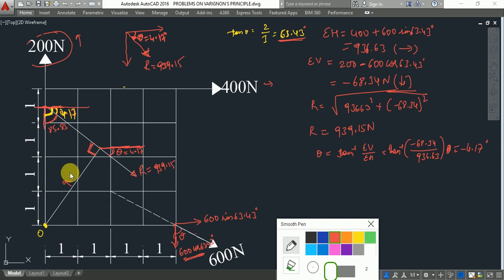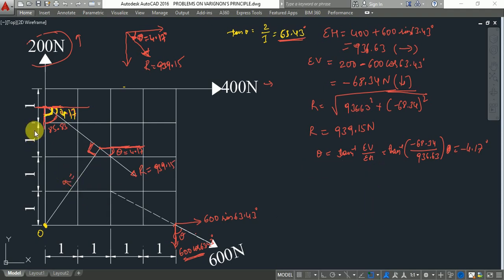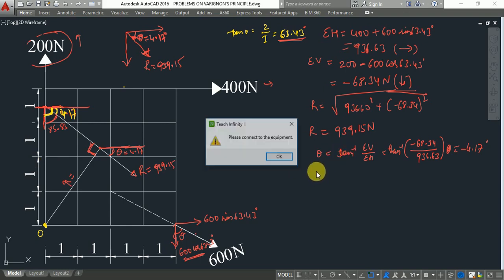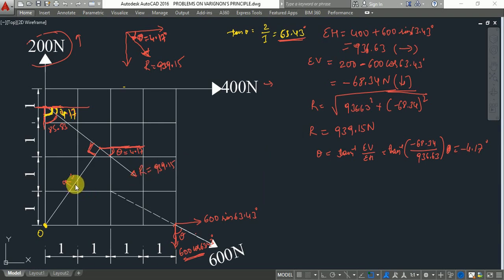So what is this R value? We need to find out. If I know this R value, I can find out this intercept. How to find that R value? This force, we haven't found out.